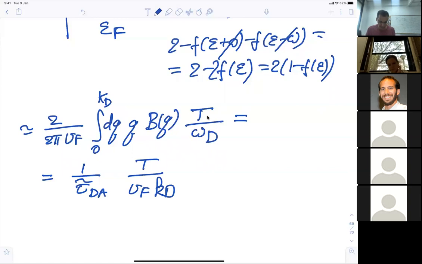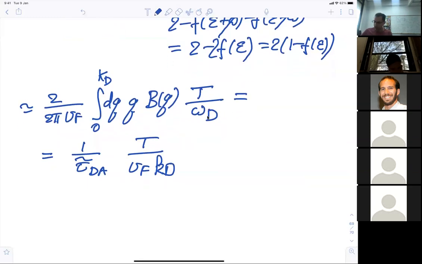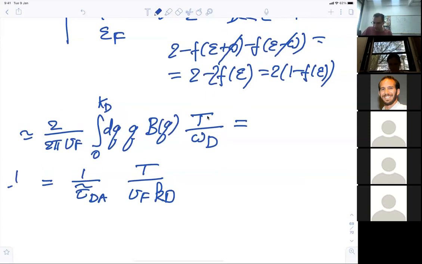What has changed in comparison to the Boltzmann gas? So I remind you, this is 1 over tau k in the Fermi gas, for temperature much larger than omega Debye.